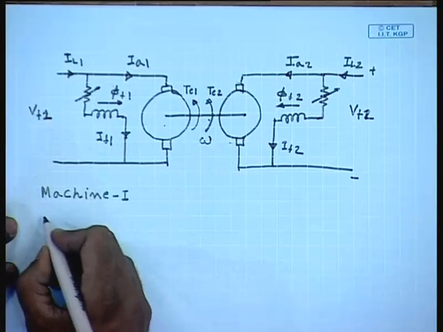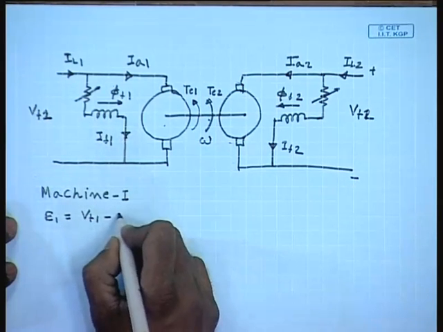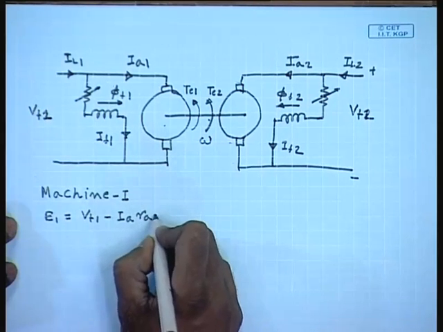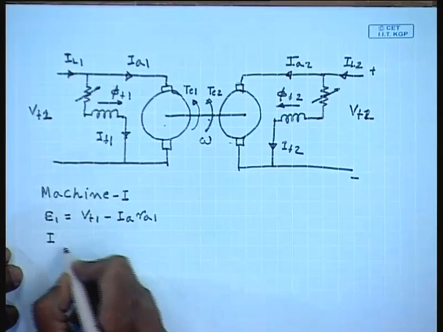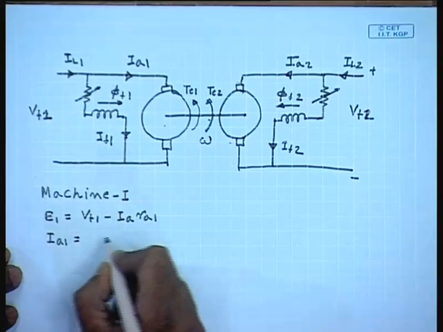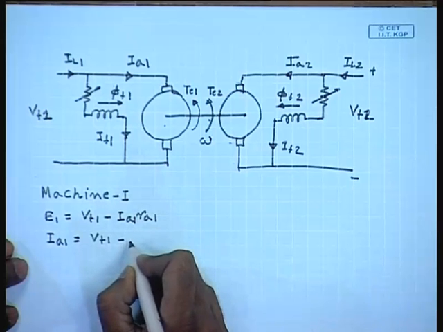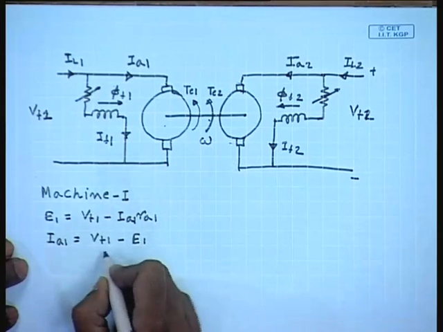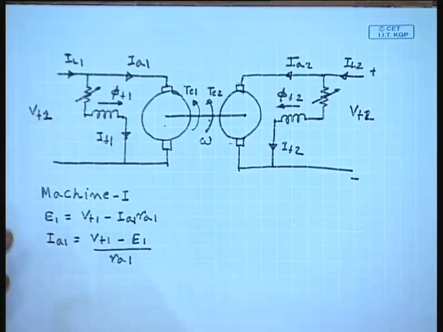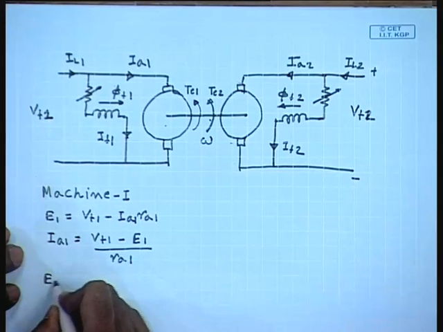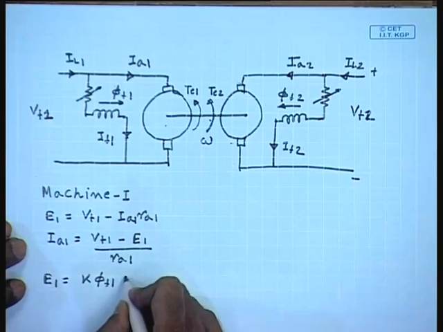we know E1 equal to Vt1 minus Ia1 Ra1, or Ia1 equal to Vt1 minus E1 by Ra1, but E1 equal to K phi f1 omega.